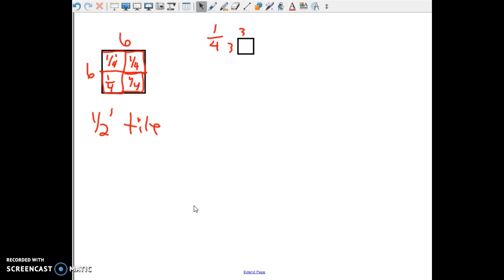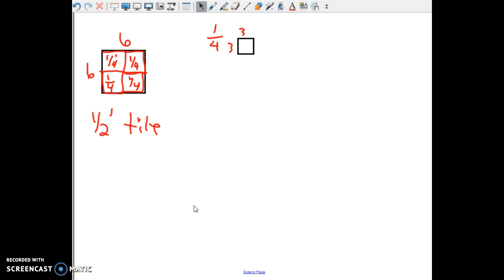So how many tiles is it going to take to cover that? How many did we say it was going to take to cover it with the 6 by 6? Go back and look at it. How many was it going to take to cover our whole floor? Go back on page 317 and look at your answer. The area represented is 35. So it's going to take 35 1/2 foot, 6 by 6 tiles.